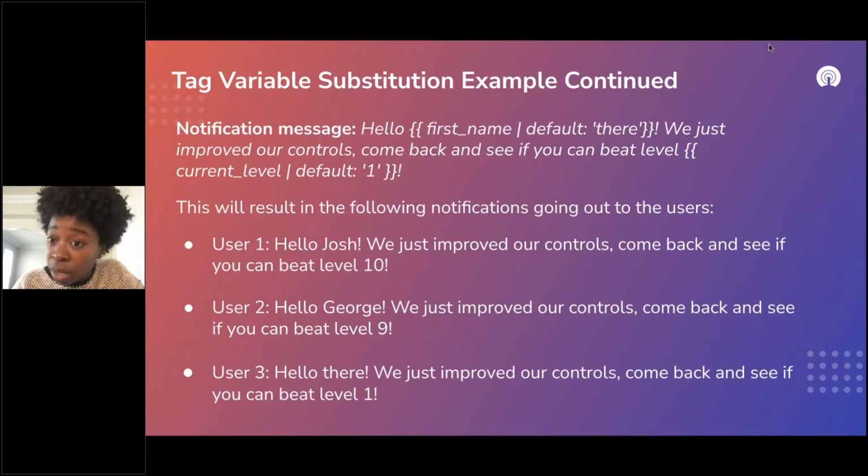And user 3, the one that didn't have any data tags, they get those default substitutes. So it says, "Hello there, we just improved our controls. Come back and see if you can beat level 1." So the nice thing is, even when there aren't data tags there, if you use the tag substitution with those defaults, it still feels like the user's getting a pretty personalized message, even when there are no data tags on that specific user.